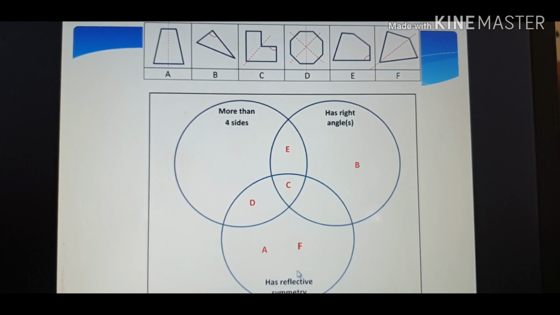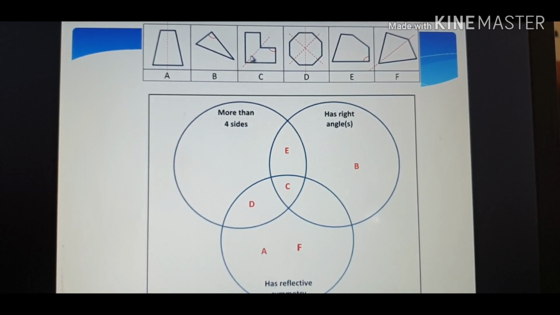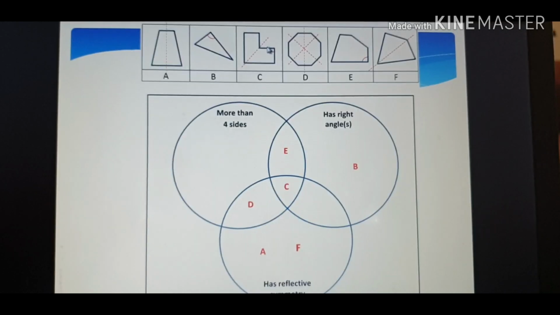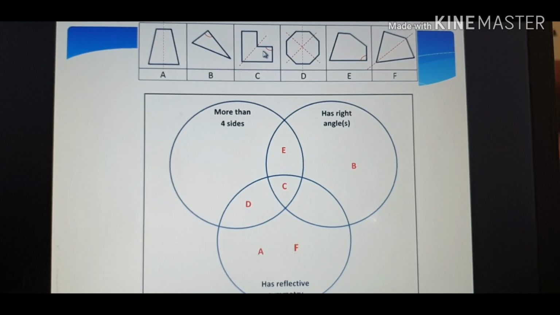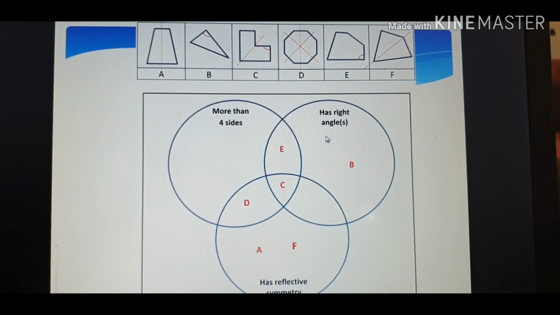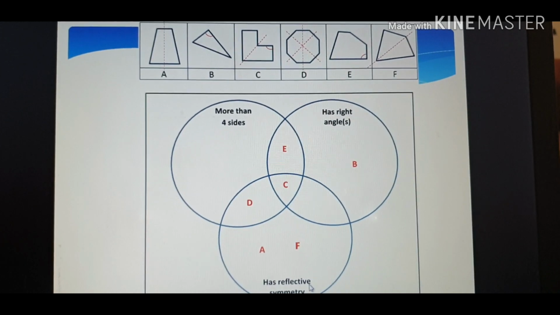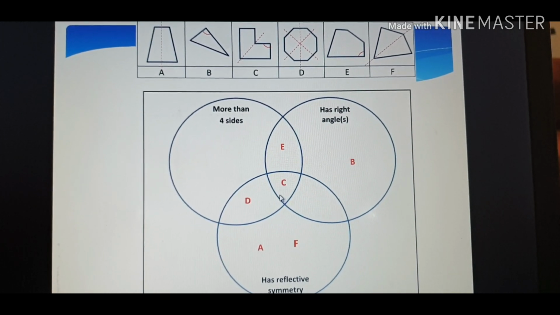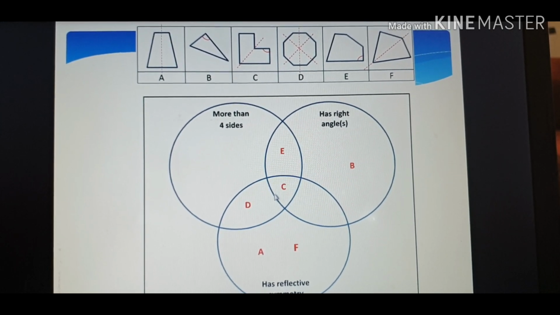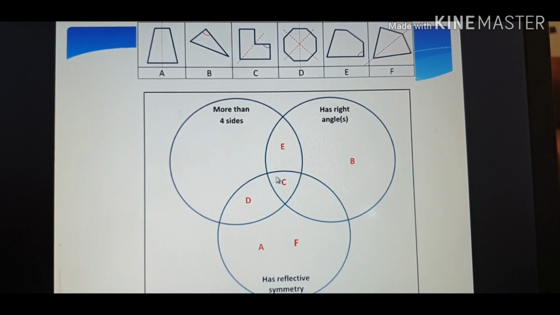Has a reflective symmetry? Yes, this line is a reflective or symmetric line. So it's more than 4 sides, has right angles and has reflective symmetry, so it's in the middle of the 3 circles, in this intersection.